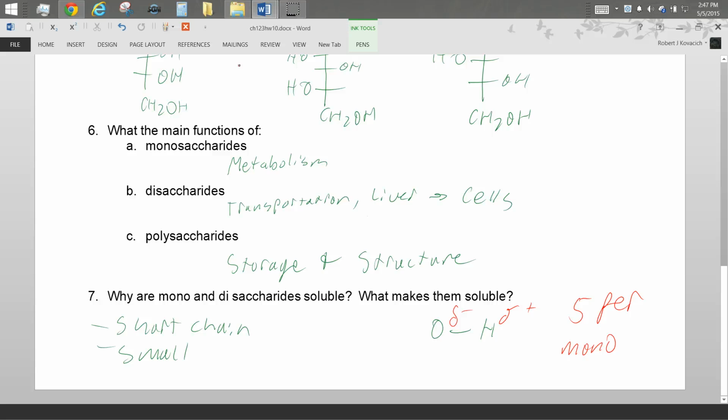If you've got six places on each monosaccharide to interact with, the water molecules just float around and interact with it very easily. You can dissolve a lot of sugar into water. And that is the fundamental difference between aqueous of a molecule and aqueous of a salt.